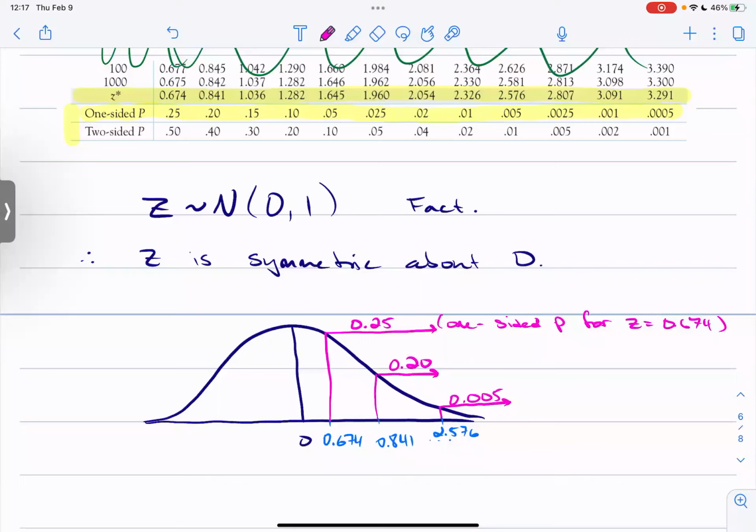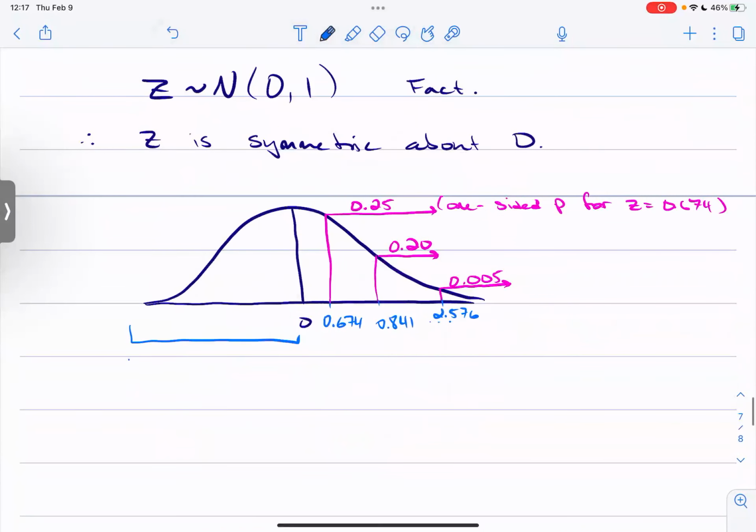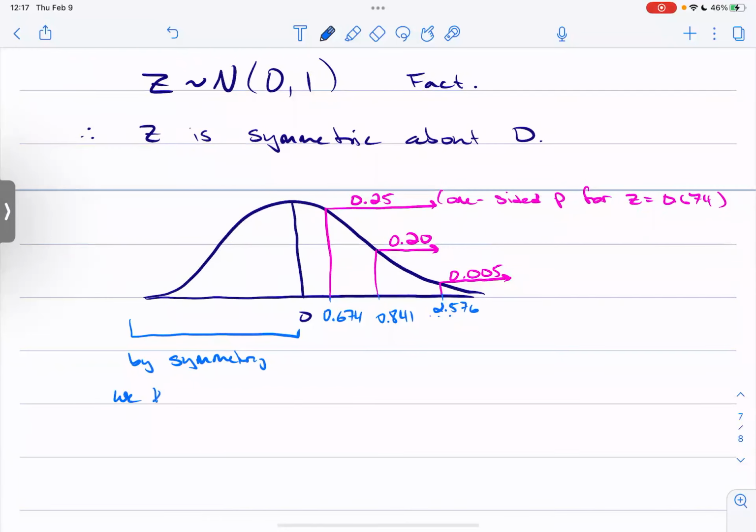By symmetry, and this is the important part, we know that at negative 0.674, by symmetry around 0, we don't need the negative values, because I can just make it negative and flip it to the negative side here.